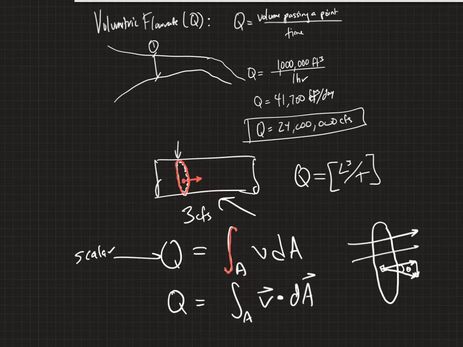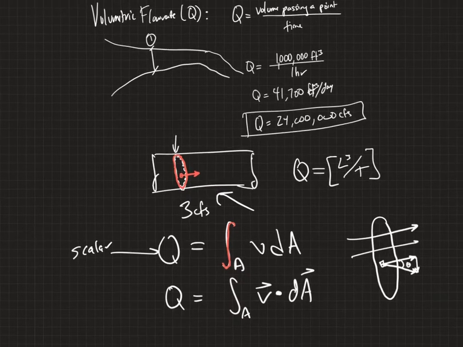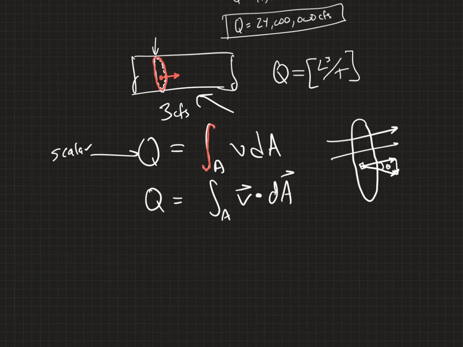Okay, so the only part that matters is the part that's going forward. So that indicates that we need a cosine here because we need the adjacent side of the triangle. Okay, so if you wanted to break it down into a dot product, basically it would be the magnitude of V times the magnitude of A times the cosine of the angle. Okay, so if you wanted to do a dot product.